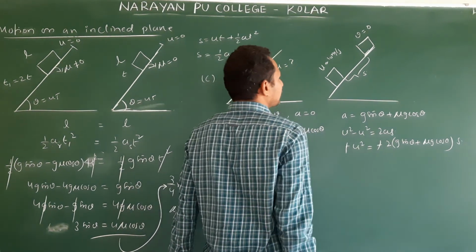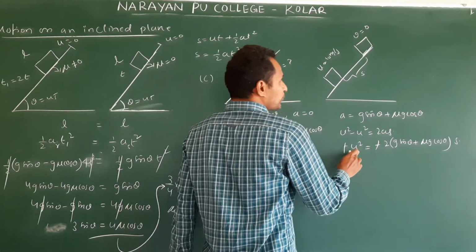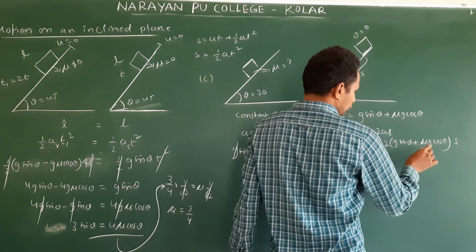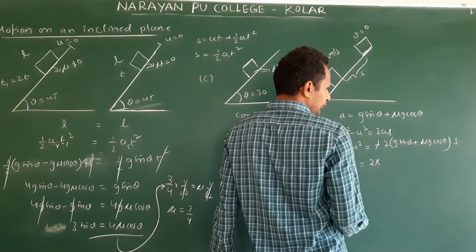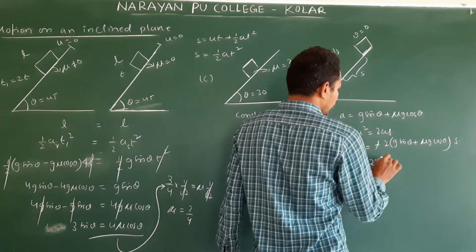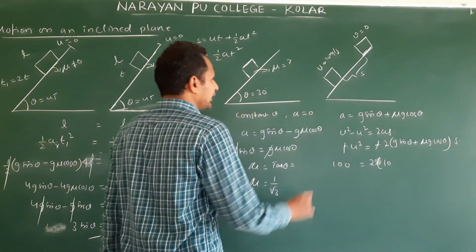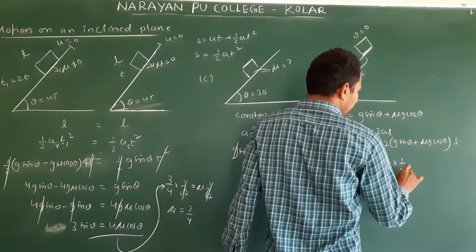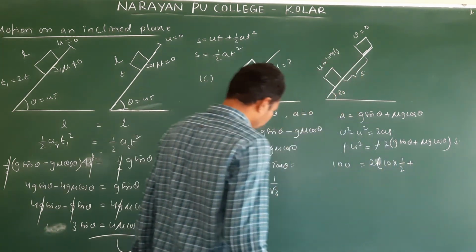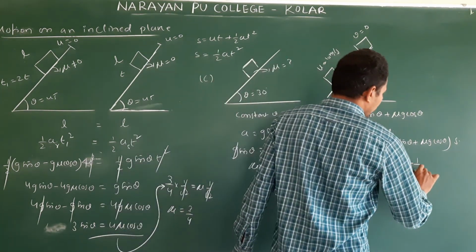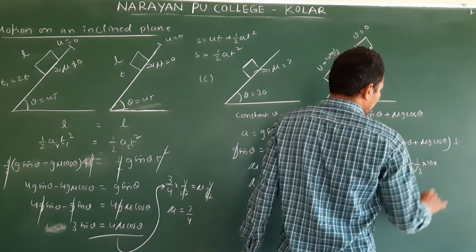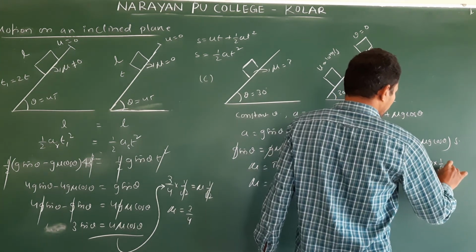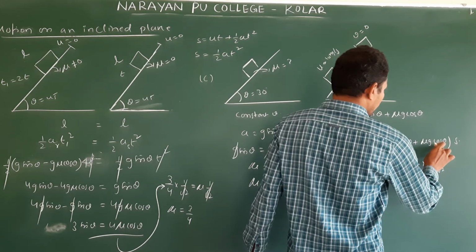Minus minus cancel. u is 10, so 100 is equal to 2, both g common outside, or you can substitute, no problem. 2 into 10. What is the angle here? Theta is equal to 30 degree. Sin 30 is 1 by 2, plus mu value we calculated as 1 by root 3 into 10 into cos 30.